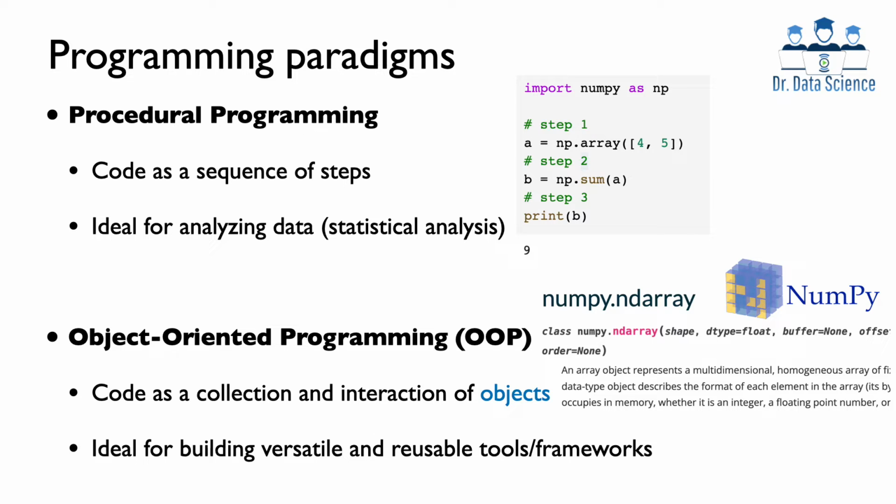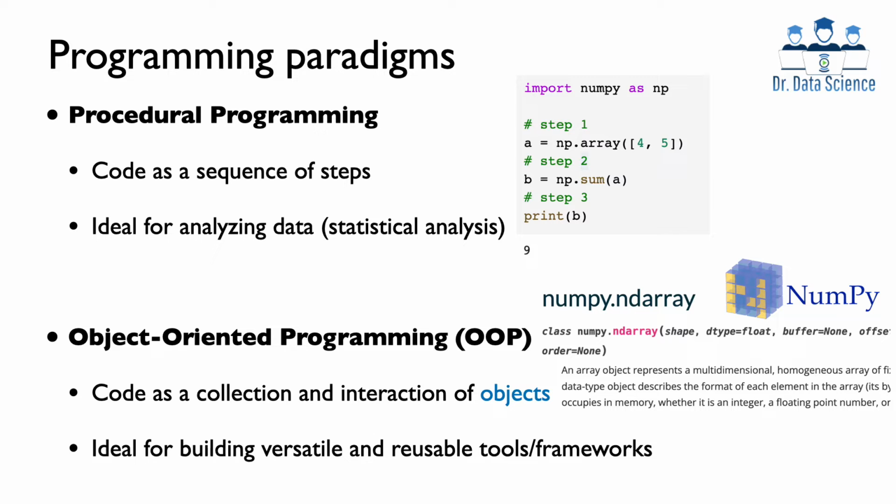On the other hand, we have something called object-oriented programming, where we look at the code as a collection and interaction of objects. We have to define objects, but one example of this is NumPy.